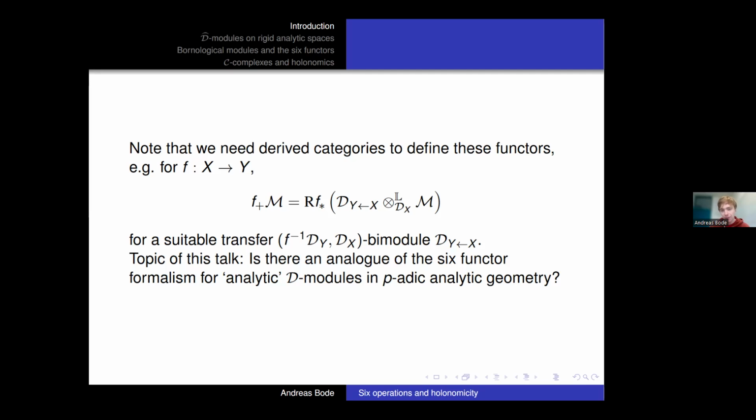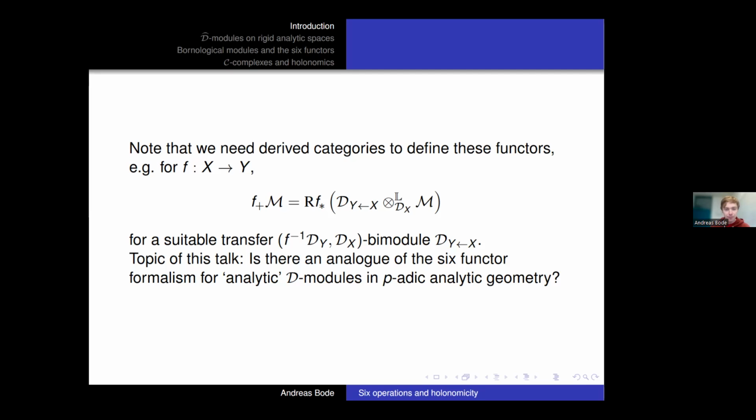So if I were talking about right modules instead of left modules, this transfer bimodule would just be f upper star of D_Y. And here I'm just changing things around a bit using side changing with a canonical bundle to turn this into a left-right module. Okay. Again, I don't want to spend too much time on these formulas. In some sense, the only point I want to make here is that these things have to live in some derived category.